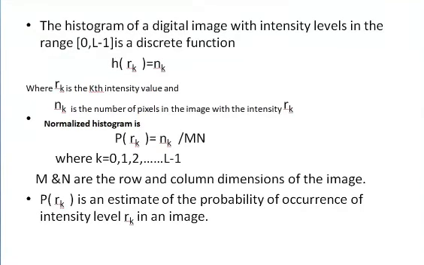How many intensity levels are there? 0 to L minus 1, so rk means r0 to rL minus 1.